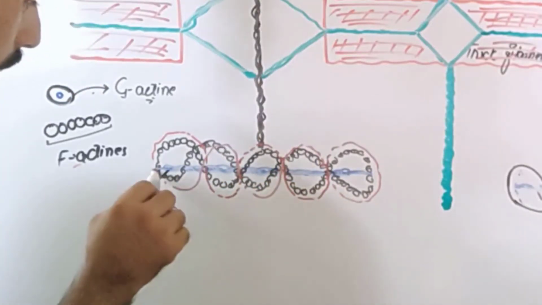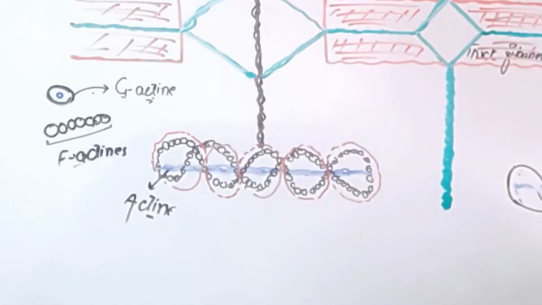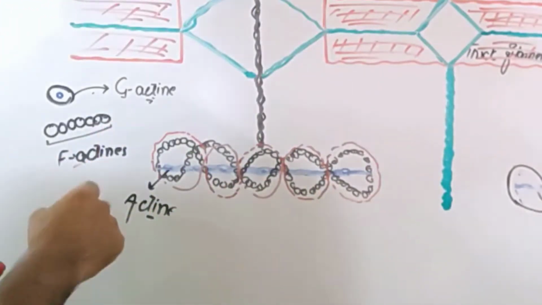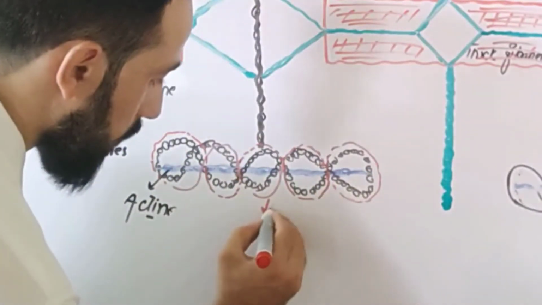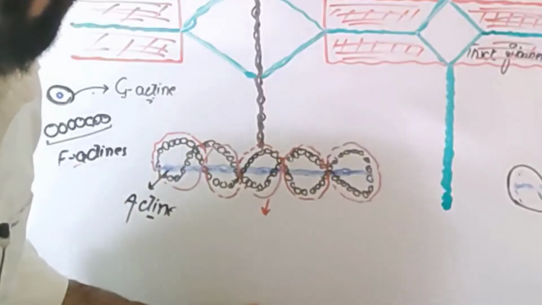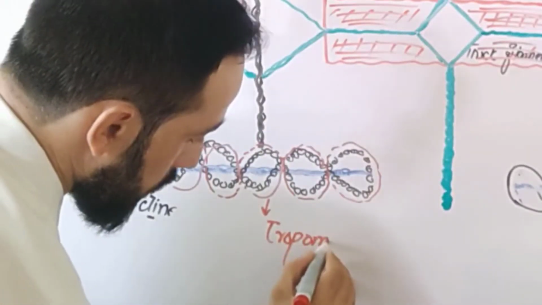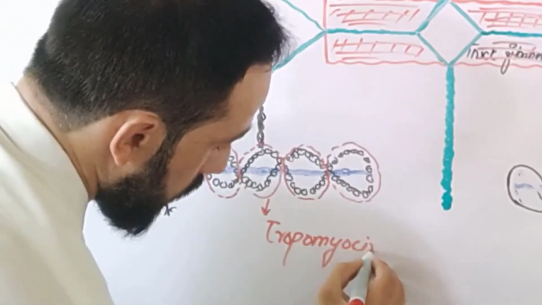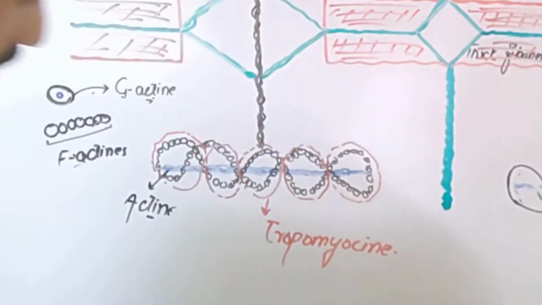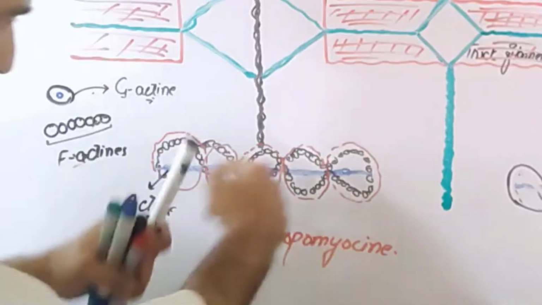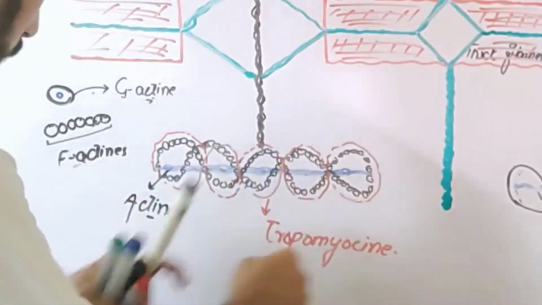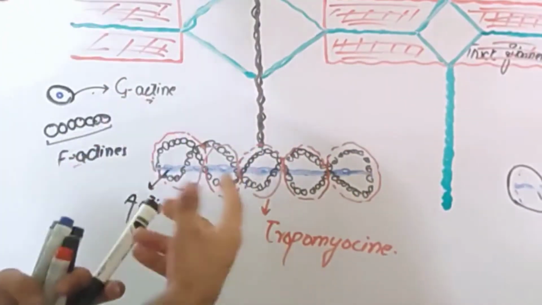This protein is called tropomyosin, right friends? This red protein around the G or F actin is called tropomyosin. So tropomyosin is surrounding the F actin, or simply we call it actin.